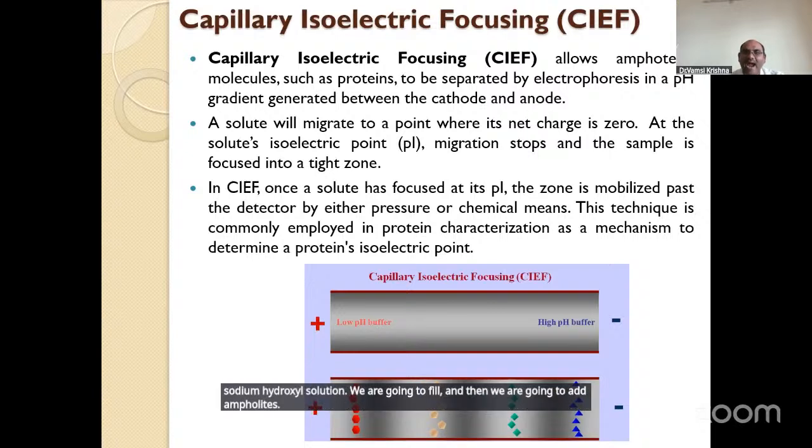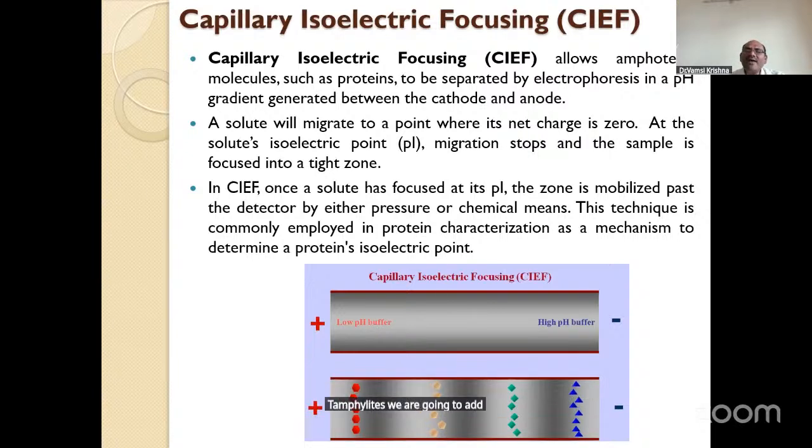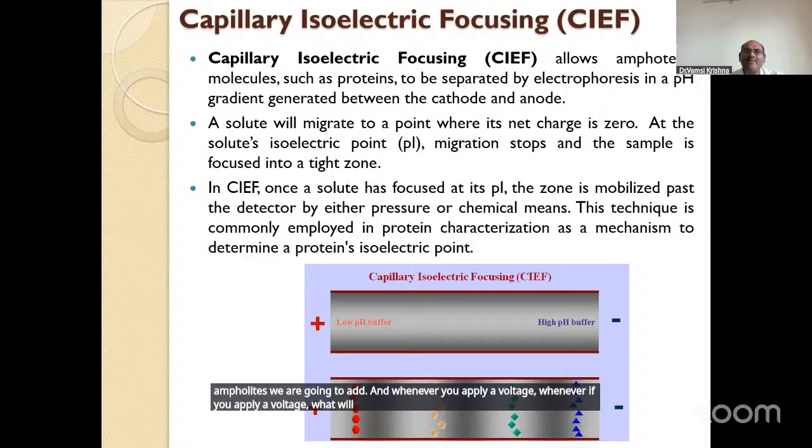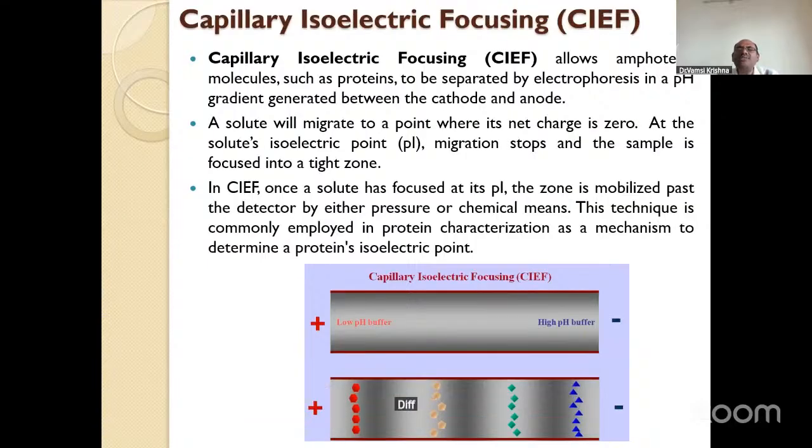Whenever you apply a voltage in capillary isoelectric focusing, a pH gradient is going to be established. Different pH zones are established in the capillary.